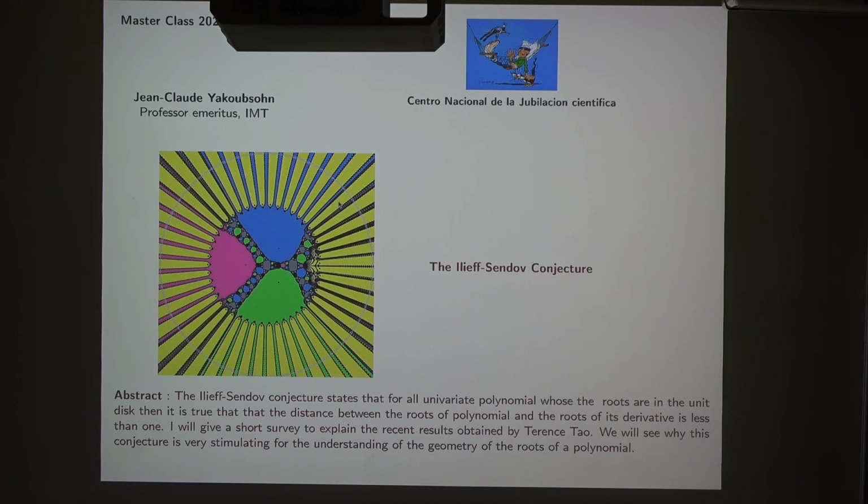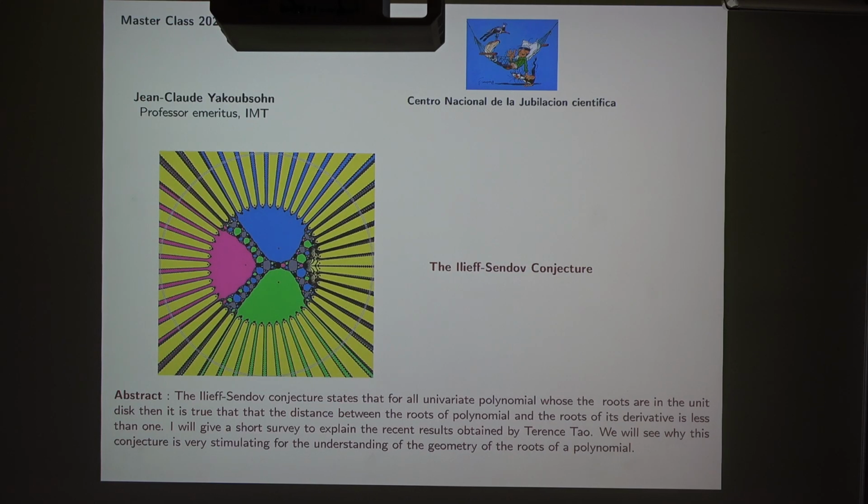And we study the Newton method. The Newton method is a map. The formula is z minus p of z over p prime of z. And p prime of z is at the denominator, and the roots of p prime of z are a difficulty when working with the Newton method.